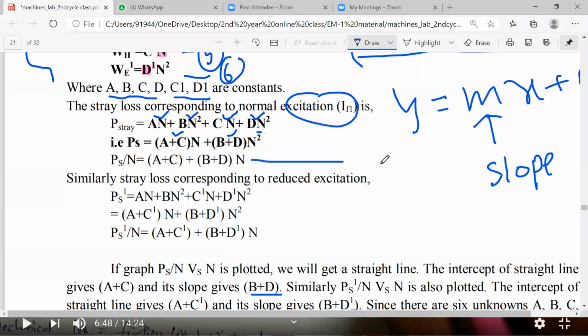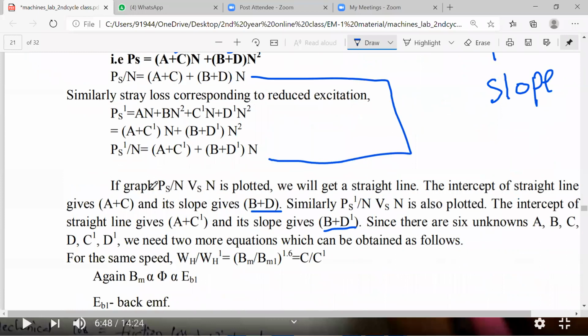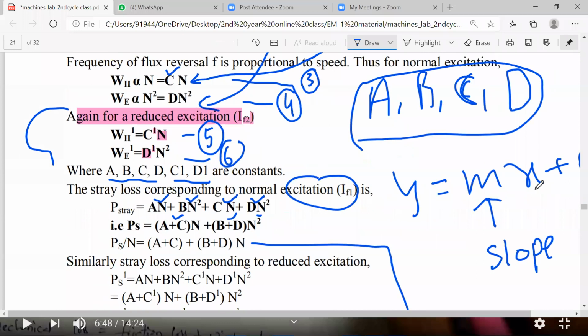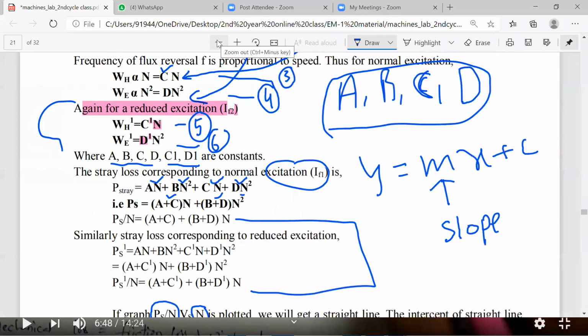These 2 equations are solved, and therefore we obtain the losses. From these 2 equations, we separate A, B, C, D, and C dash and D dash. A graph is plotted of Ps by n versus n. These are straight line equations, similar to y equals m x plus c, where m represents the slope and c is the constant.